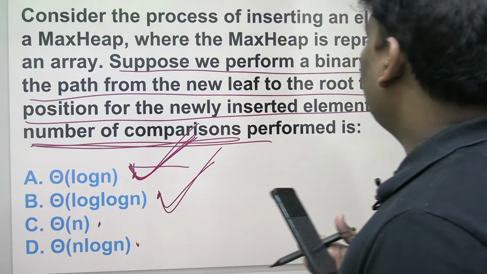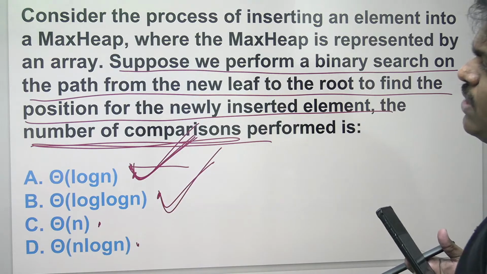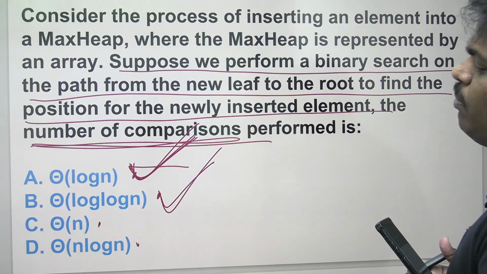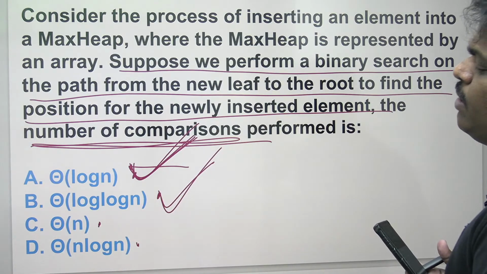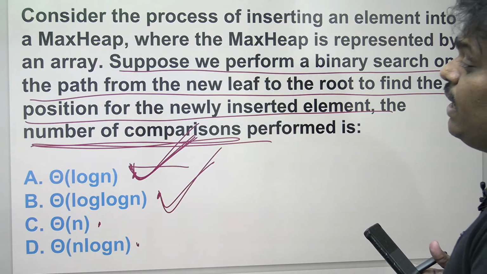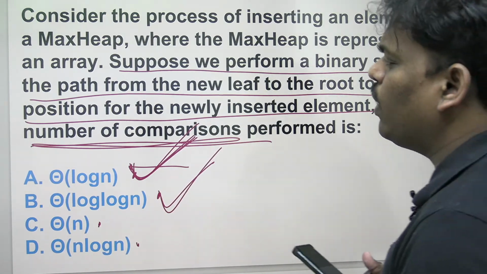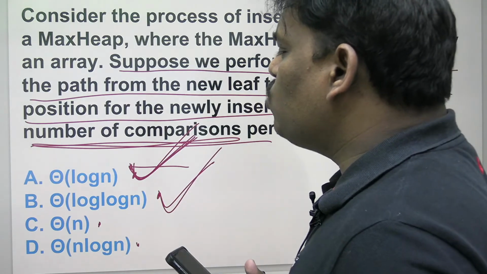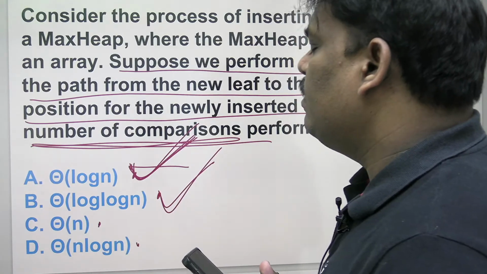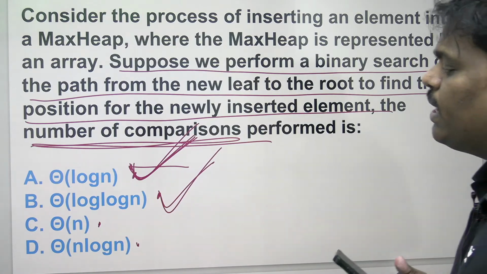So listen. The amount of time required to insert an element in the max heap using binary search is log n, using linear search is log n. Time complexity is log n for both. But in comparisons, binary search is log n comparisons, linear search is n comparisons.